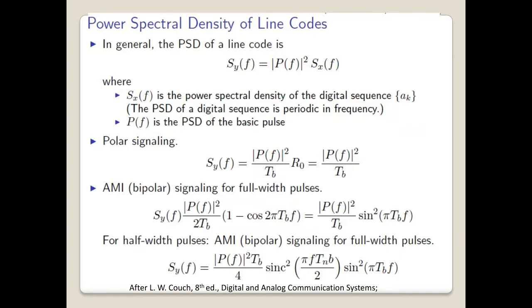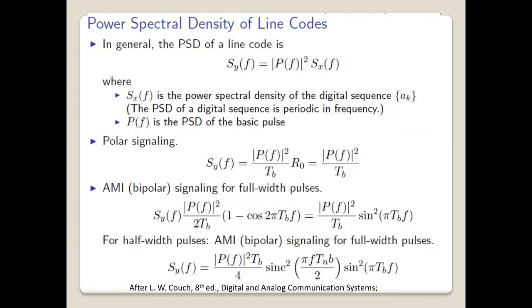First we need to evaluate the power spectral density. The output power spectral density Sy of f is evaluated with respect to the pulse power spectral density of the basic information, ones and zeros, multiplied by the input power sequence of your digital data.